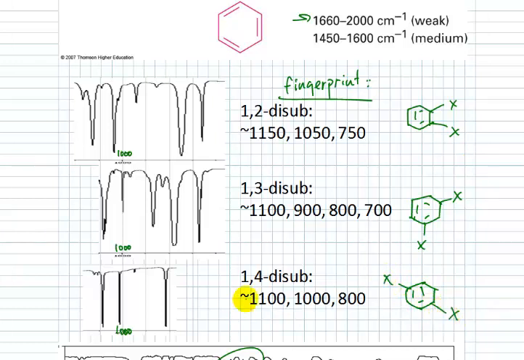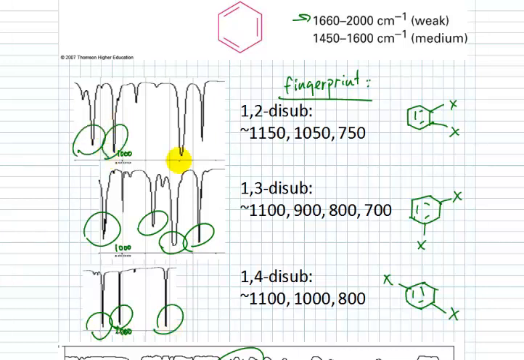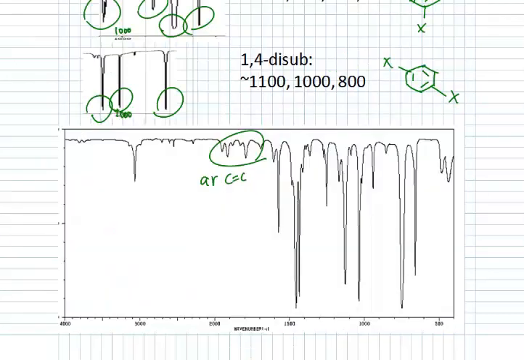The 1,3: 1100, 900, 800, and 700, so plus or minus 20 or so, maybe. 1100, 1000, and 800 are important for that one. This one doesn't really count. But if you're pretty confident you have a di-substituted benzene, you can look carefully down in this region and you can figure out where your substitutions are.